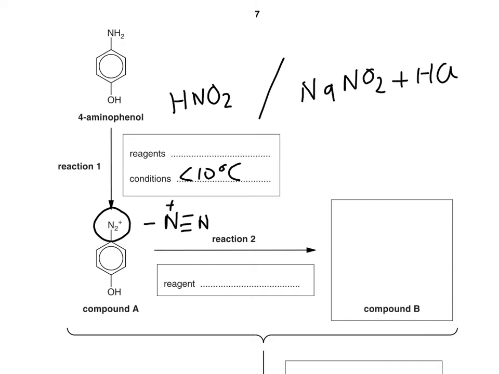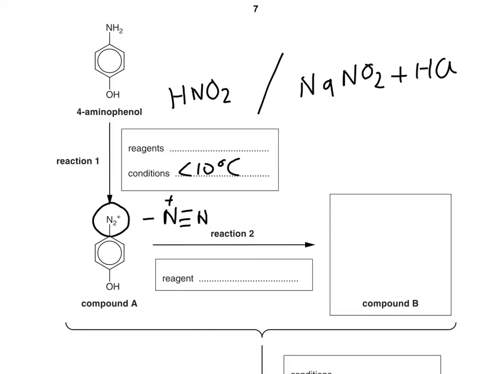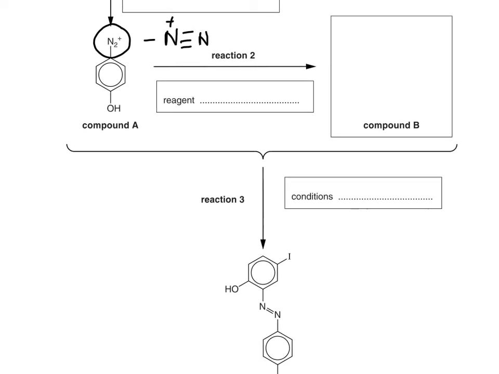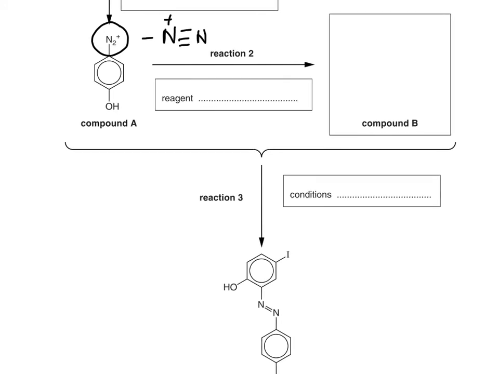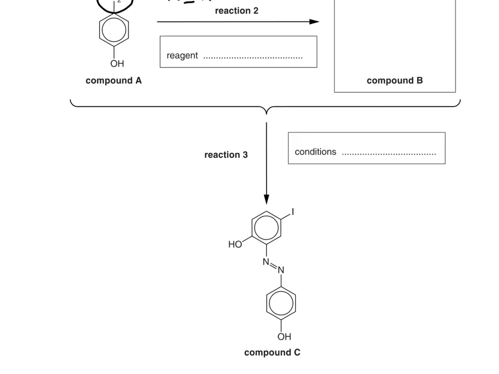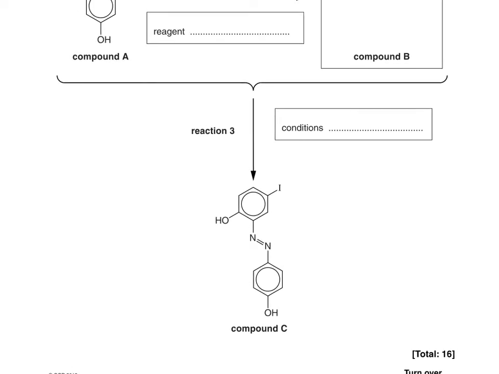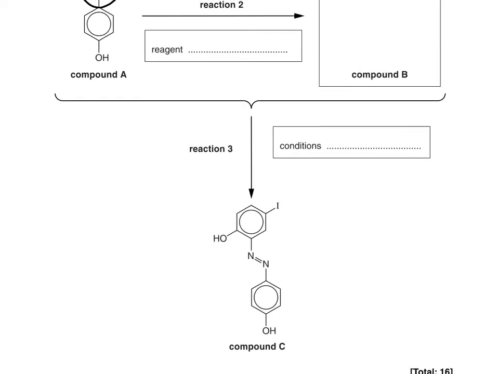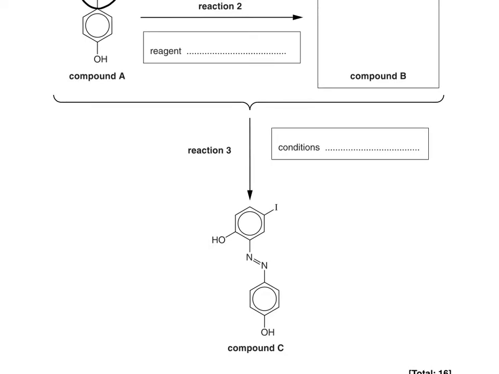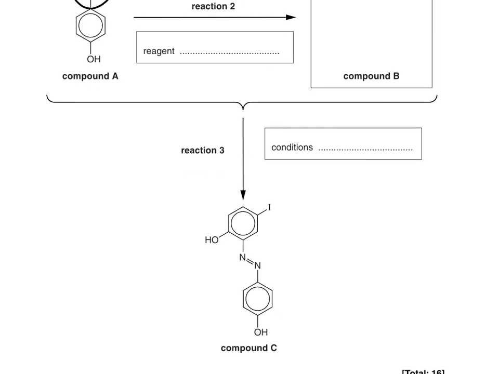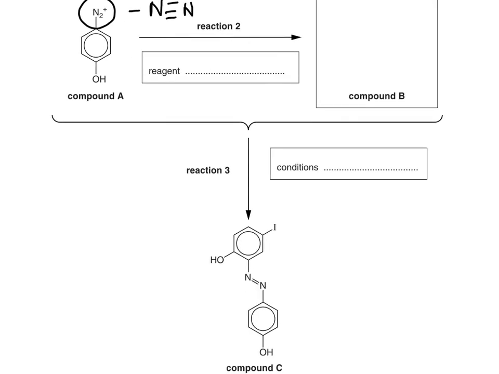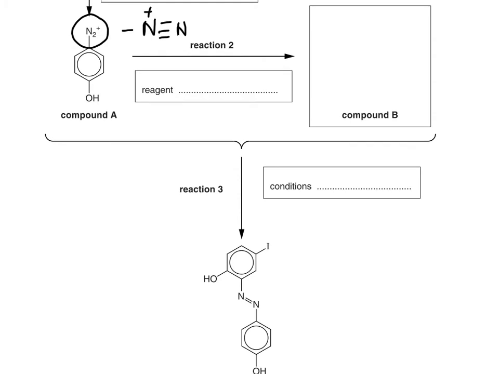Now let's just move this up. We've made our diazonium ion, and compound A and compound B are going to combine to make compound C. Interesting.